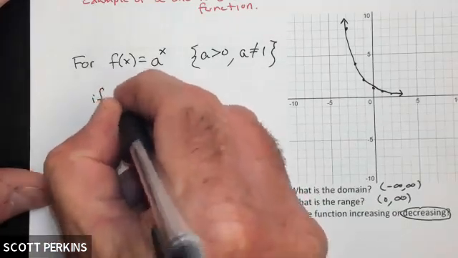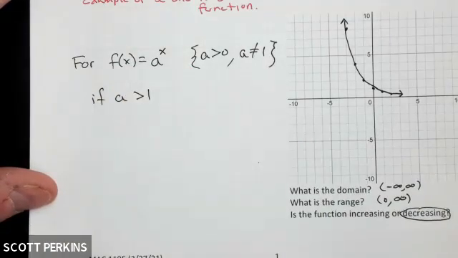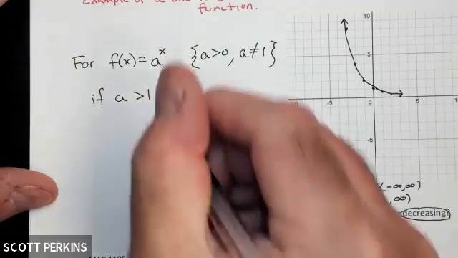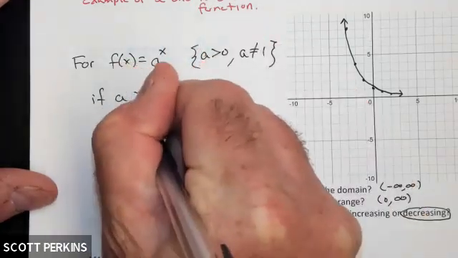If the value of a is bigger than 1, like our first 2 examples, like example 1 and exercise 1, then a to the x is an increasing function.